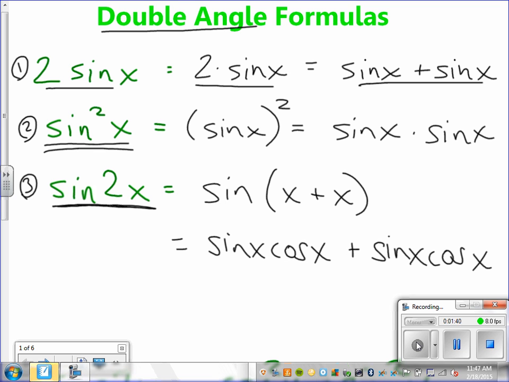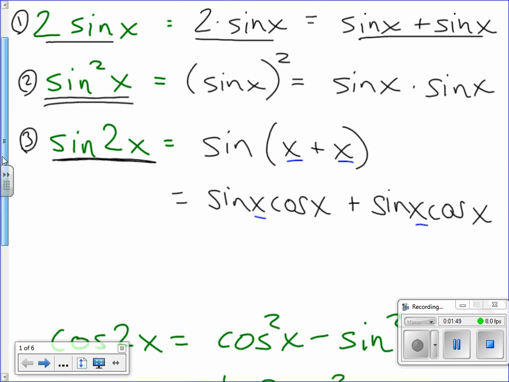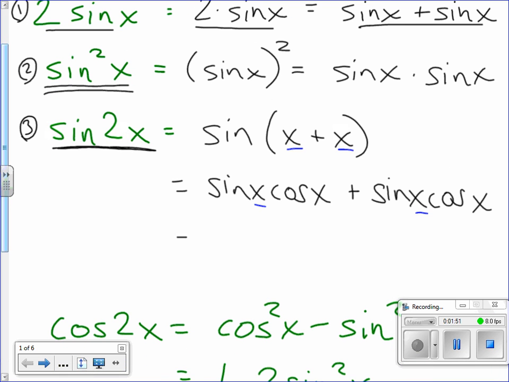I'm supposed to be using different angles here and here, but if they're the same, then they're going to obviously look the same. Now what I end up with is the exact same term being added to itself, so I can represent this with the 2 in front.